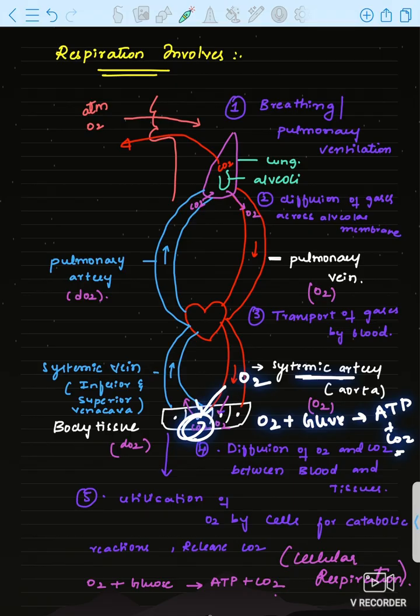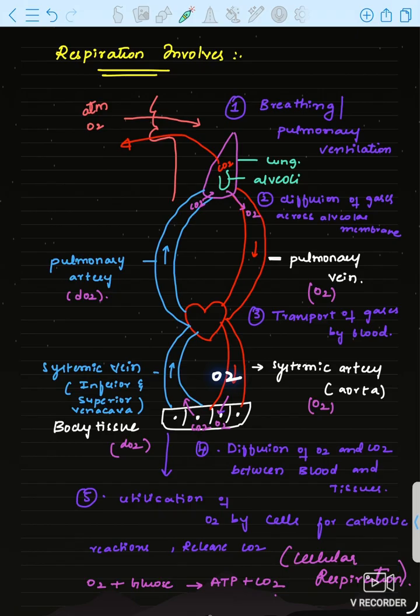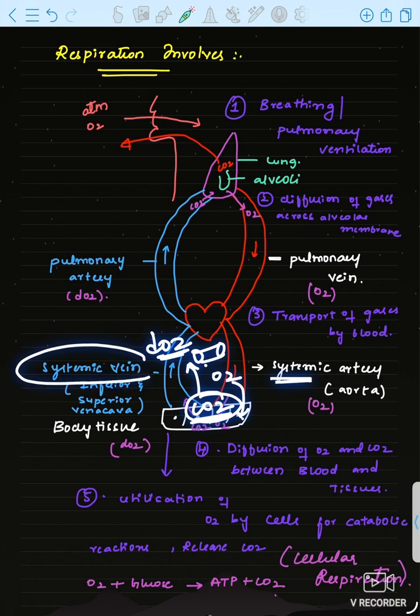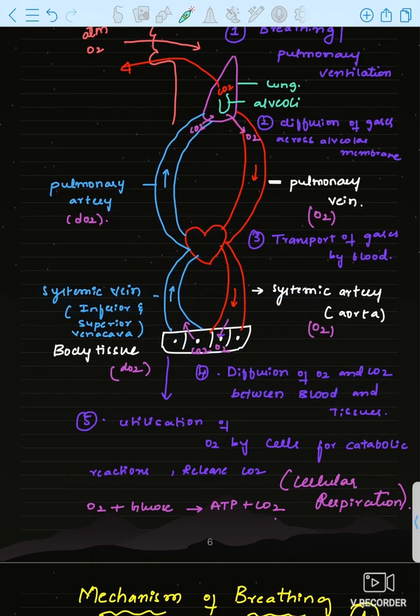Again it will exchange CO2 and O2. So CO2 will enter into the blood vessels and O2 will enter into the tissue. Blood rich in CO2 will become deoxygenated and become the systemic vein. The systemic vein again goes to the heart. So here is diffusion of O2 and CO2 between the blood and tissues. This is the fourth step.